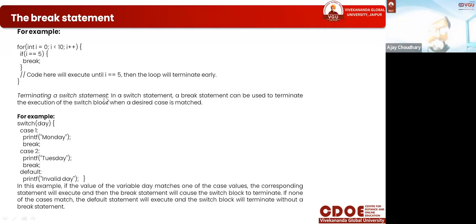Terminating a switch statement: we also have another type of loop, where we use while with some condition, and in the while loop we use some cases with the help of the switch keyword. In a switch statement, a break statement can be used to terminate the execution of the switch block when a desired case is matched.